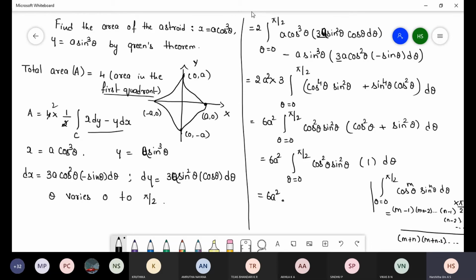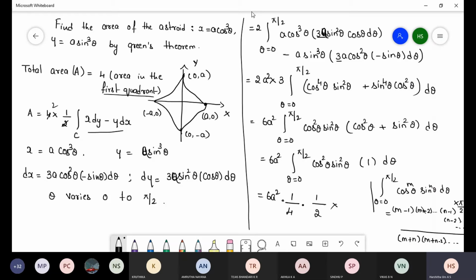Here in the place of m we have 2. 2 minus 1 is 1 divided by m plus n means 2 plus 2, 4. Again 2 minus 2 we get 0, so we neglect this term. Again we go back to the n minus 1. So 2 minus 1 is 1. Again m plus n minus 2 means 4 minus 2, here 2.